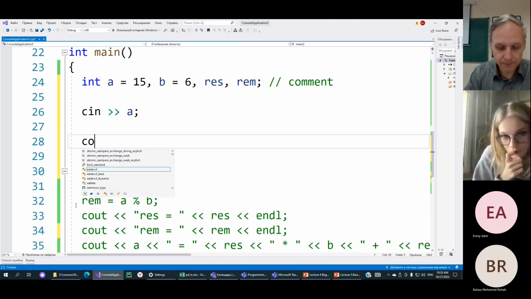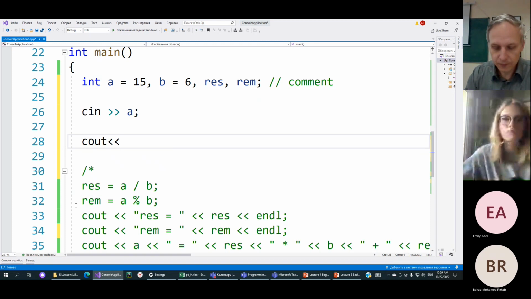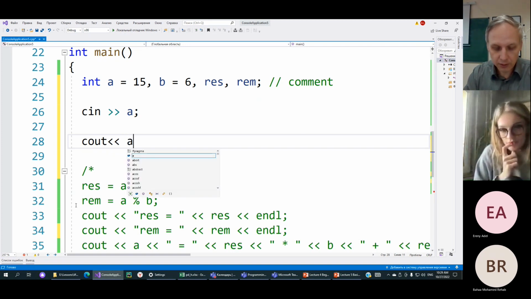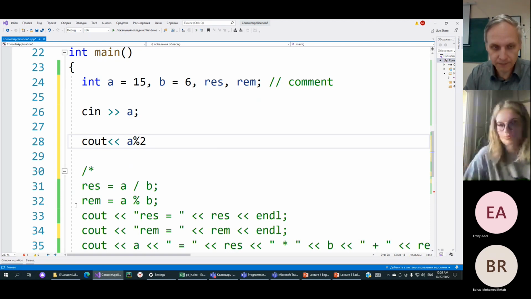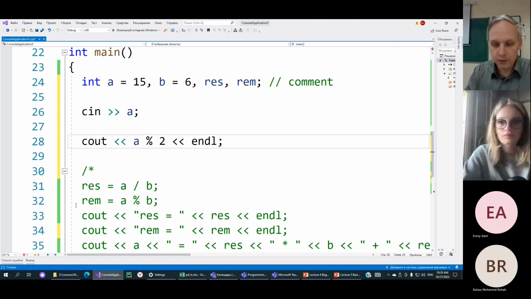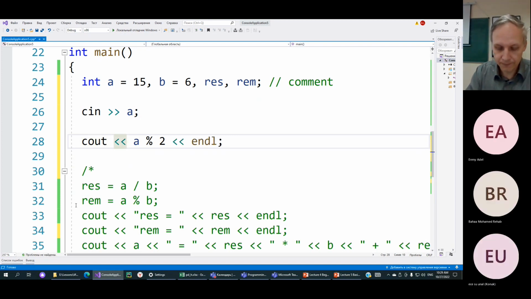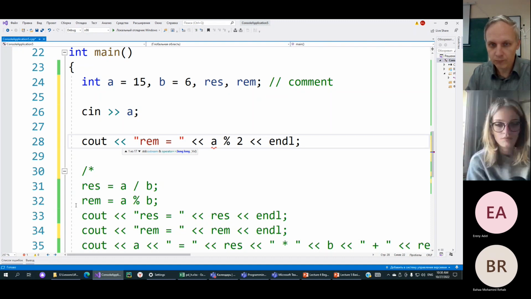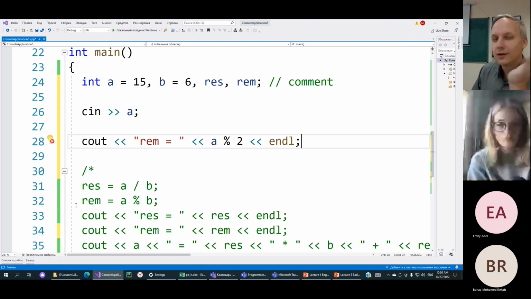And after that, suppose that I want to output to the screen the remainder of A divided by 2.